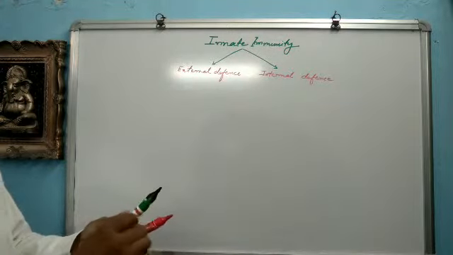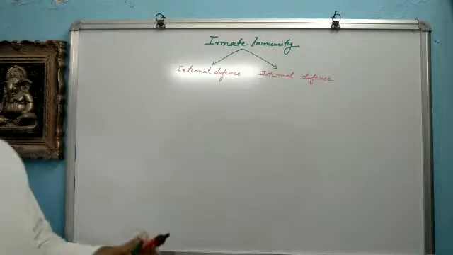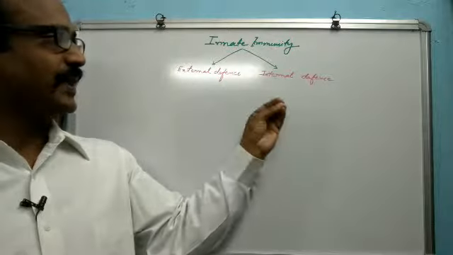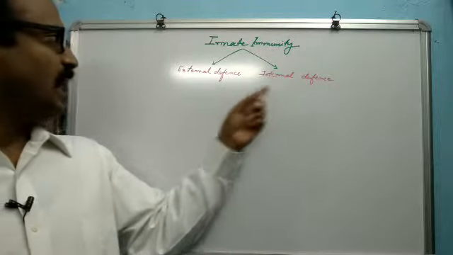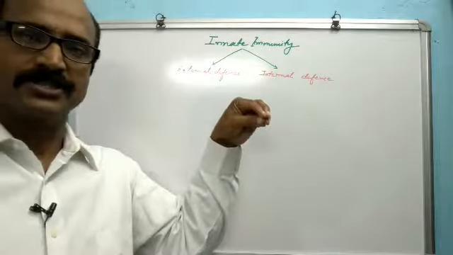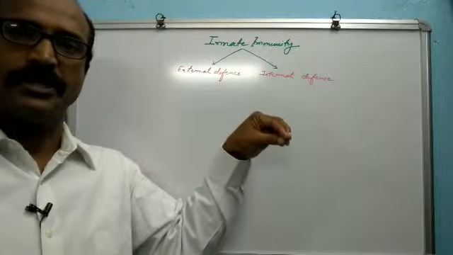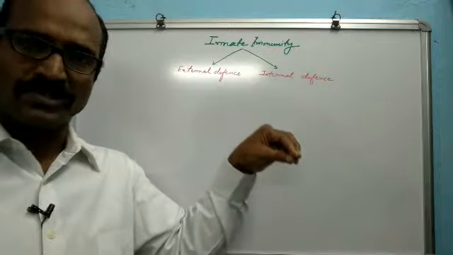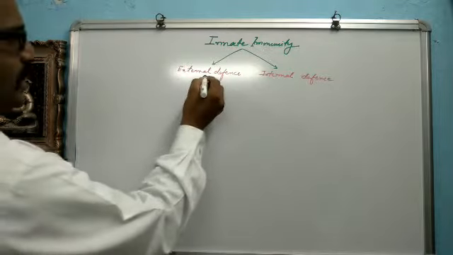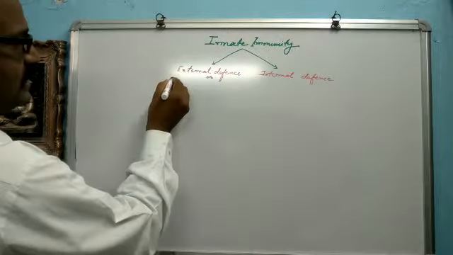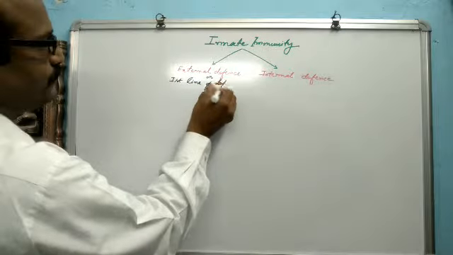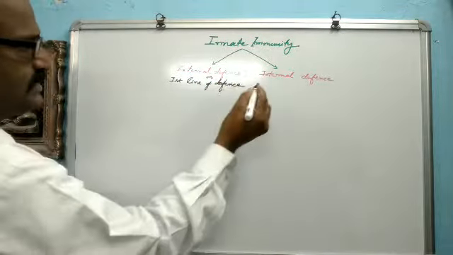The internal defense is actually present below the skin, and the external defense, or the tools present on the surface of the skin, on the surface of the epithelium or the mucous layer, is known as the first line of defense.